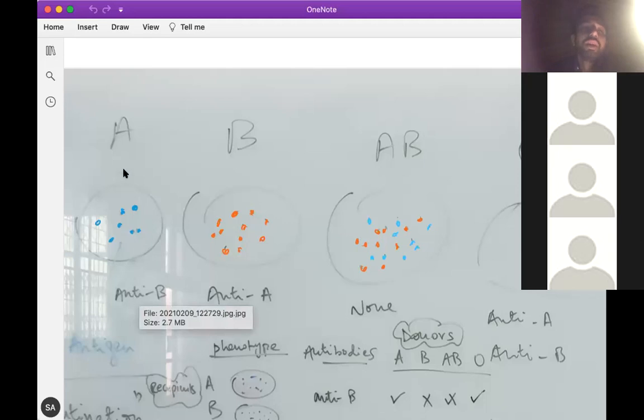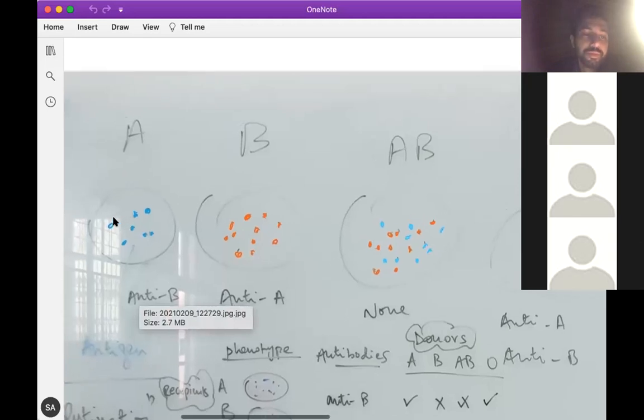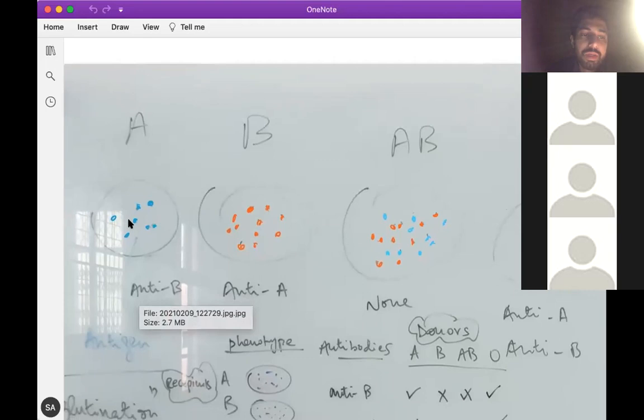In case blood group A sees any antigen which is not present in its own blood group, such as these blue ones, it is going to treat them as an intruder, as a foreigner, and it is not going to accept it.